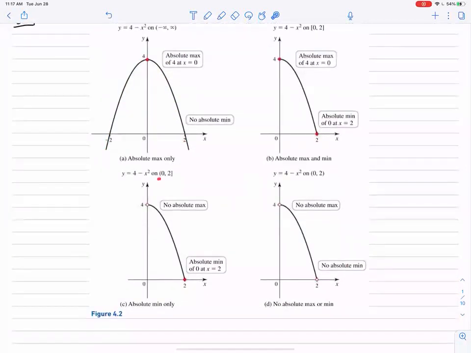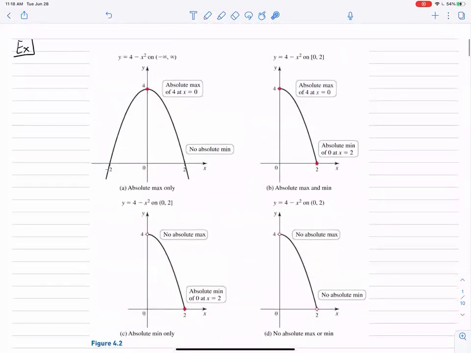If we restrict our domain even further and don't include this point, then this one actually doesn't have an absolute max. You could say, oh, maybe it's a point really, really close to there. But the problem is the closer and closer you get to x equals 0, the closer and closer we get to 4, right? The limit is 4, but there actually is no largest value because you could get arbitrarily close. But it does have an absolute min. And if we got rid of the endpoints, then there's actually no absolute max or absolute min.